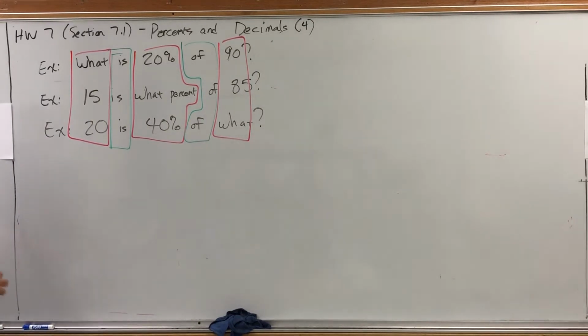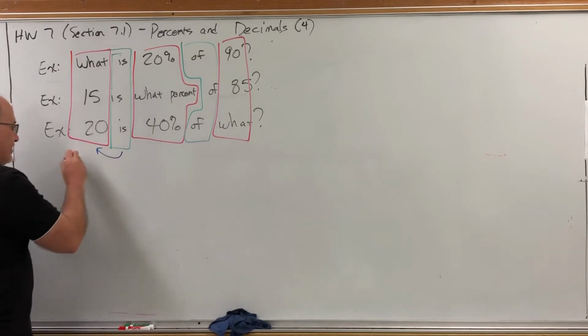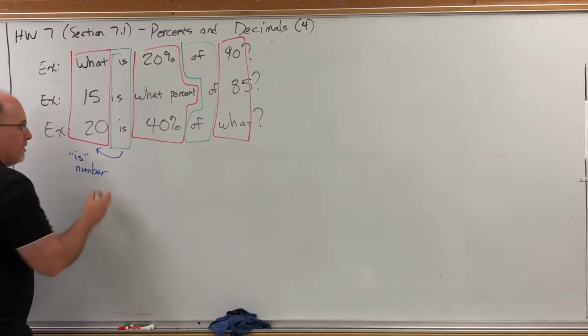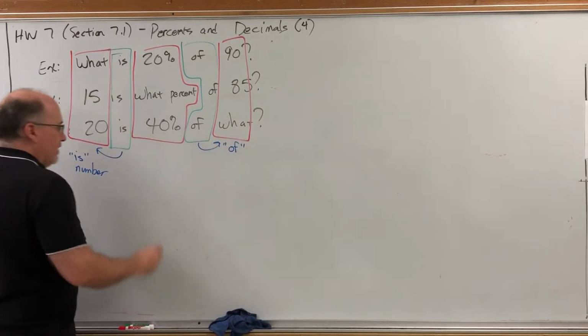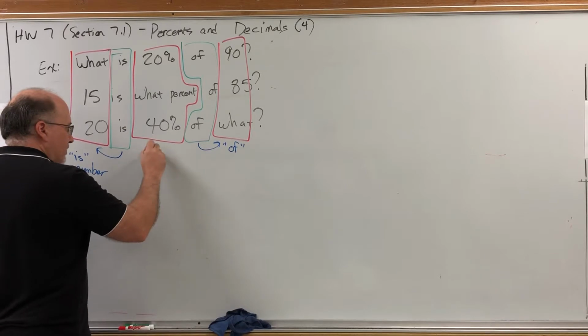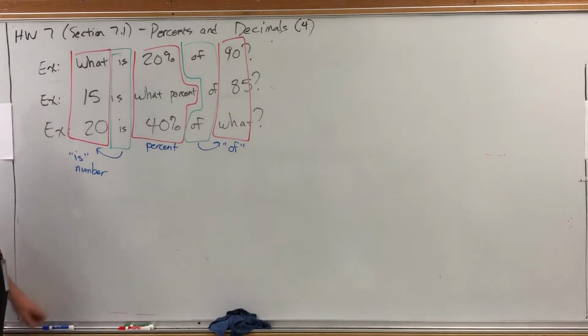So in all of these problems, you have what's called an is number. You have what's called an of number. And of course you have a percent. And of the three numbers, one of them will be missing.